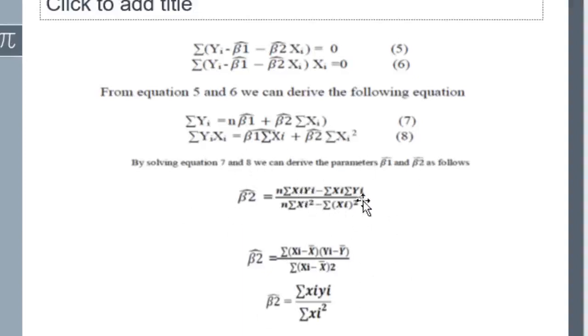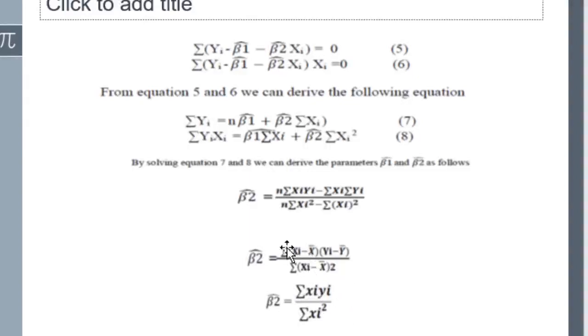Here X and Y are all in capital letters, and this can be written like this also, that is beta 2 cap equal to sigma xi minus x bar into yi minus y bar, divided by sigma xi minus x bar the whole square.